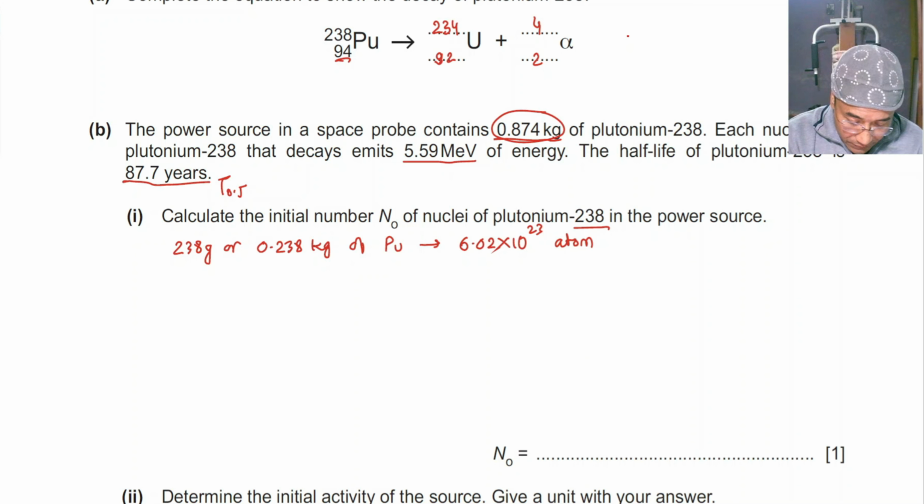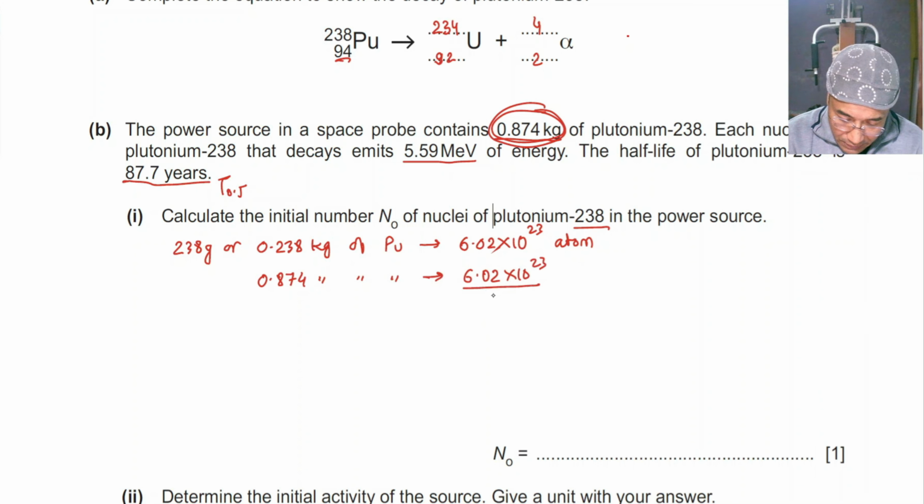So that will give me the mass given here is this much. So 0.874 kg of plutonium should have 6.02 into 10 to the power 23 divided by 0.238, into 0.874.